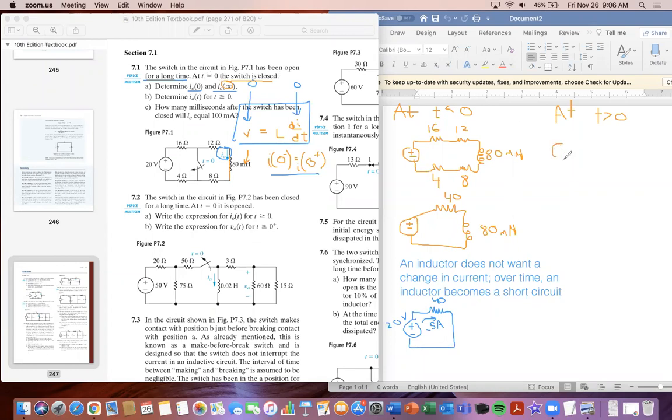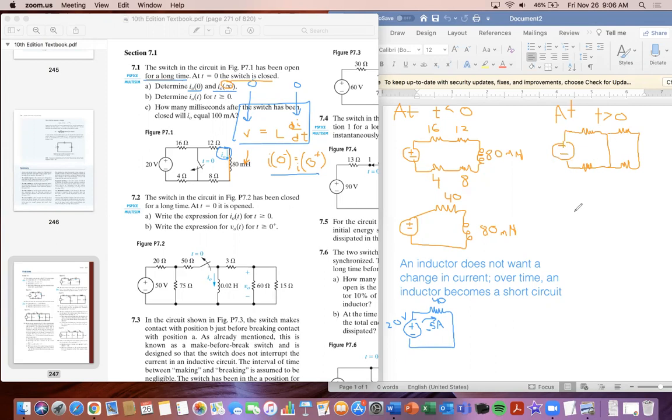So what our circuit's going to look like is, I told you guys, whenever it's a long time, the inductor becomes a short circuit. So here we're going to have that 16 ohm, and then that switch is closed. And then here's our 4 ohm resistor down here. And then we have the 12, and then the inductor becomes a short circuit with time. And then we have our 8.